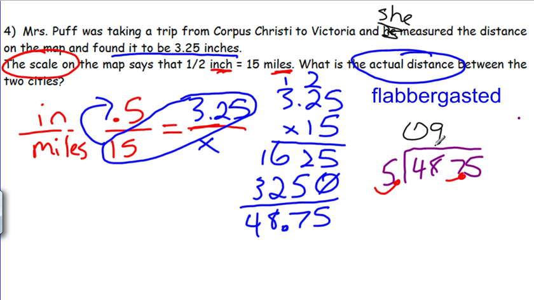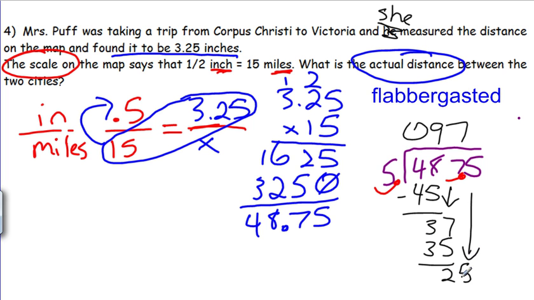Bring down the 7. 5 goes into 37 7 times. 35 there. 2. And 5. 5 goes into 25 5 times. So we get 97.5 miles from Corpus to Victoria.